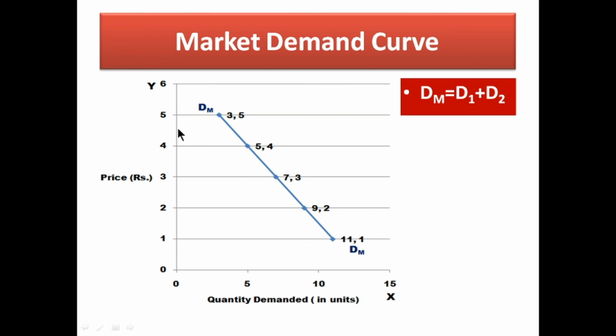Why? Because when price falls, then market demand of chocolates rises, as there is an inverse relationship between price of chocolate and its market demand. Hence, we can say that market demand curve is a downward sloping curve from left to right.